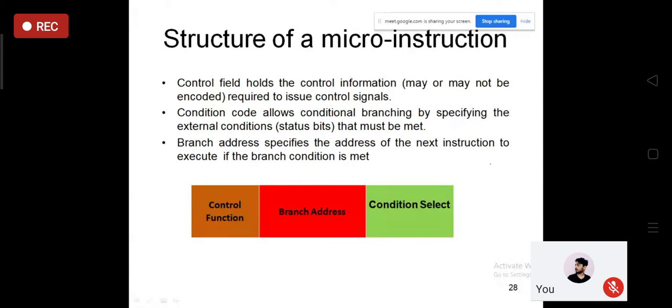Okay. So if the instruction size or length, because I told you one instruction is stored, then multiple instructions are stored in the control memory, right? So if one instruction is going to take a longer length, like this is a structure. What is the length of this? This is basically the length.